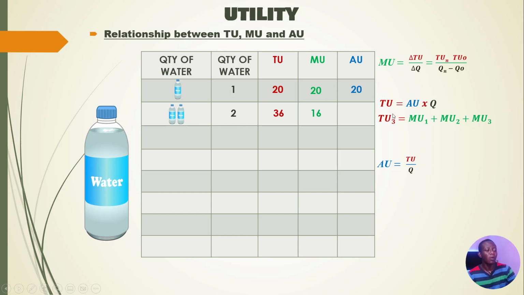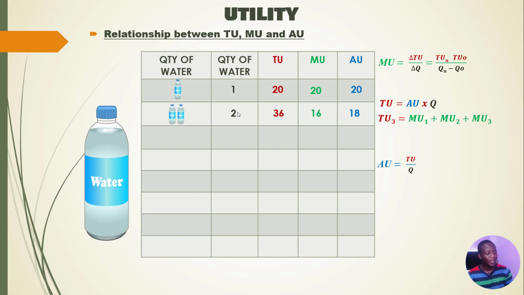Now, how do you compute the average utility then? From the formula, average utility is total utility divided by the quantity. So to get the average utility for the second bottle of water consumed, it's going to be 36, that's the total utility, divided by 2, that's the quantity of bottles of water we've taken, and that gives us 18.